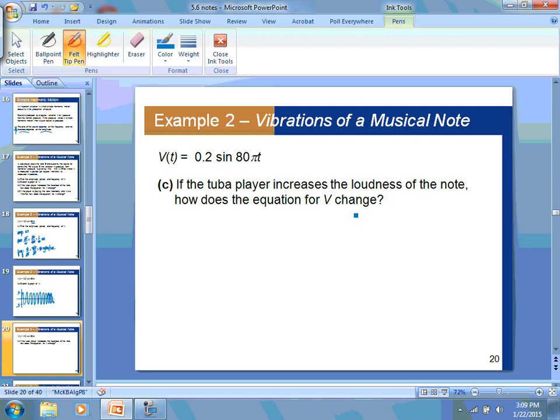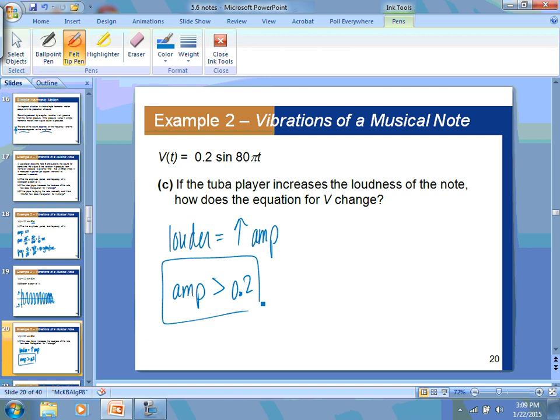Well, if it gets louder, then that means that we're going to increase our amplitude. So our amplitude was 0.2. So that means our new amplitude would have to be greater than 0.2. That's basically the conclusion they want us to make there. Our amplitude would have to increase.